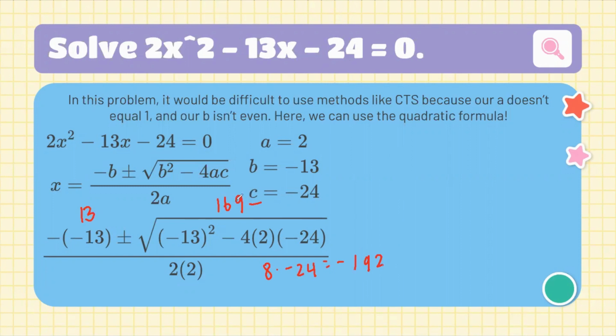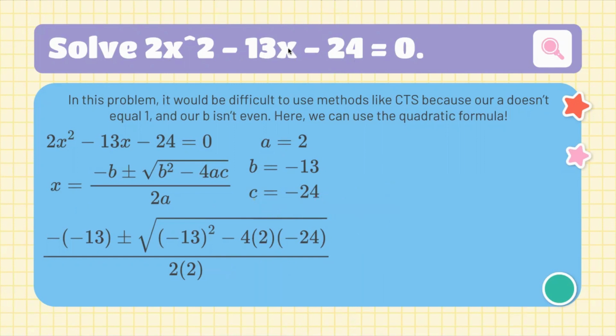So in the square root, you're doing 169 minus negative 192. When you're subtracting a negative, this turns into an addition sign. So this is just 169 plus 192, and that would give you square root 361. And for the bottom, 2 times 2 is just 4.